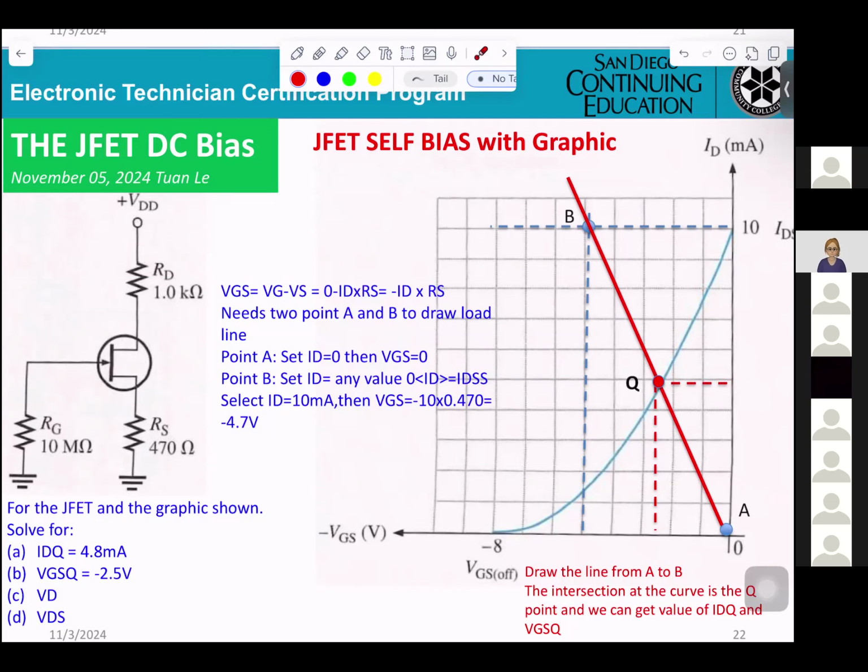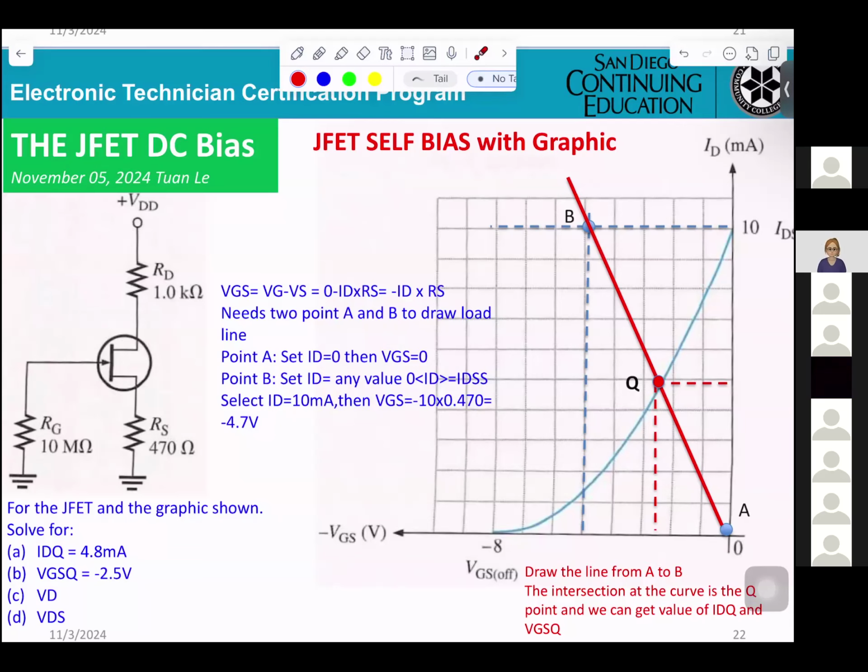First thing, if you want to get a point here, you need to draw the line. You see that? You draw the line, you need one point we call A, and another point will be B, and you draw the line. When it hits the curve at this point, you go to the right, you get ID. You go down, you get VGS.